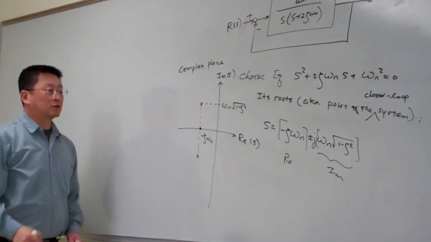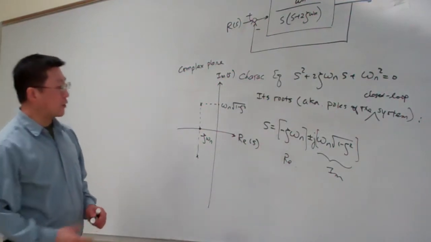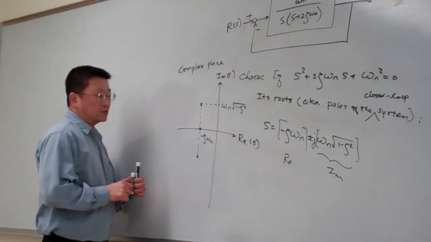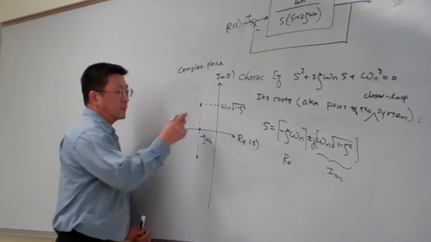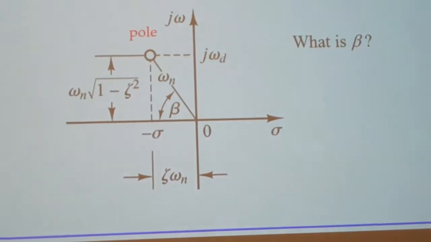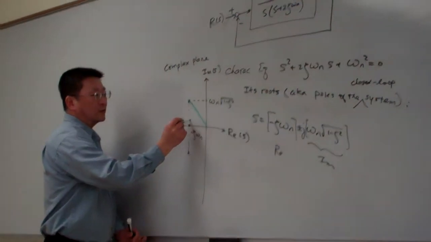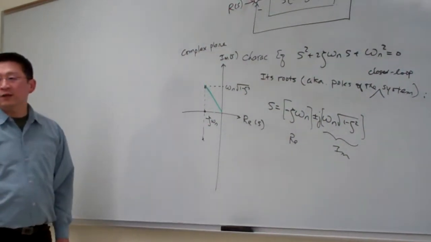Okay. So we have this one, then I want to answer what is that angle. So that angle is very straightforward. By linking this line from the location of one pole to the origin here, if you look at this triangle, from there you can get a clue about the angle.